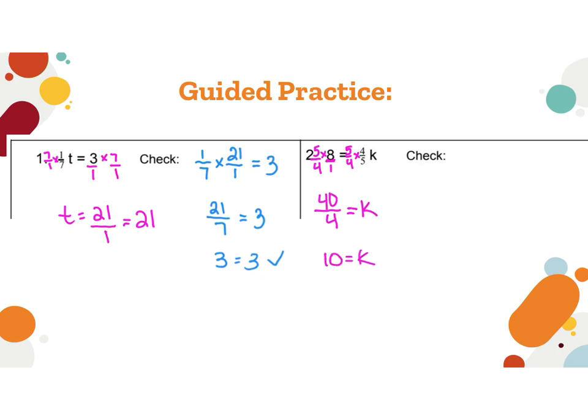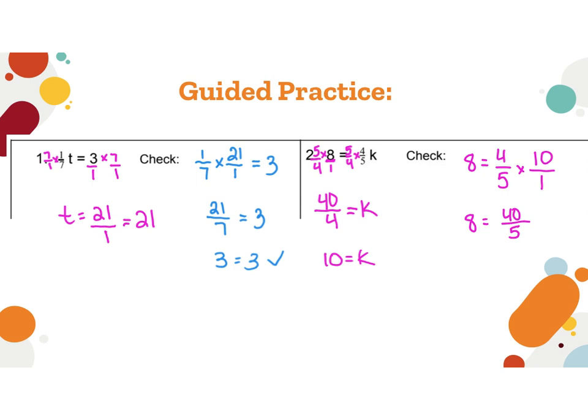So next we'll plug in 10 for k into our original equation. 8 equals 4/5 times 10. I would want to put my whole number over 1 to turn it into a fraction so we can multiply across on the right. 4 times 10 is 40, and 5 times 1 is 5.